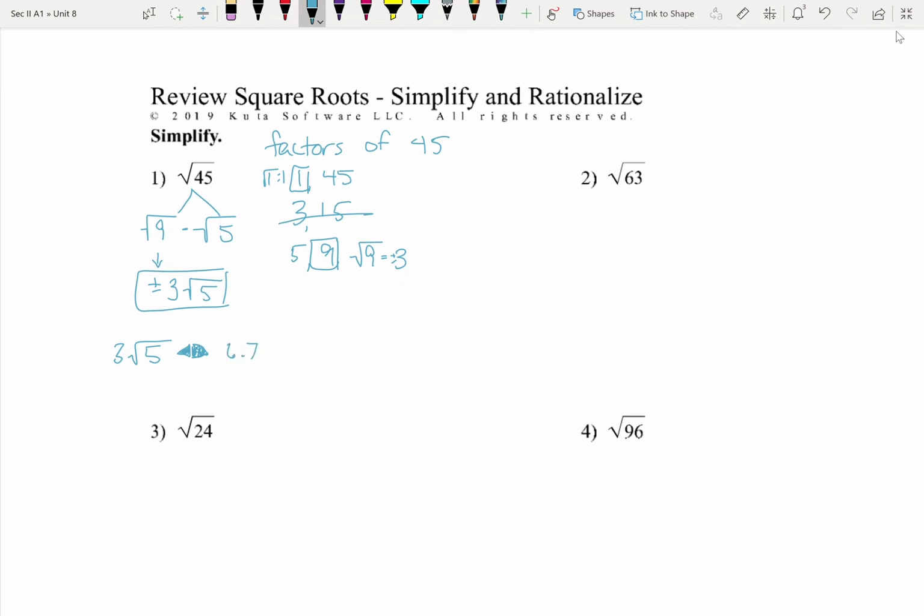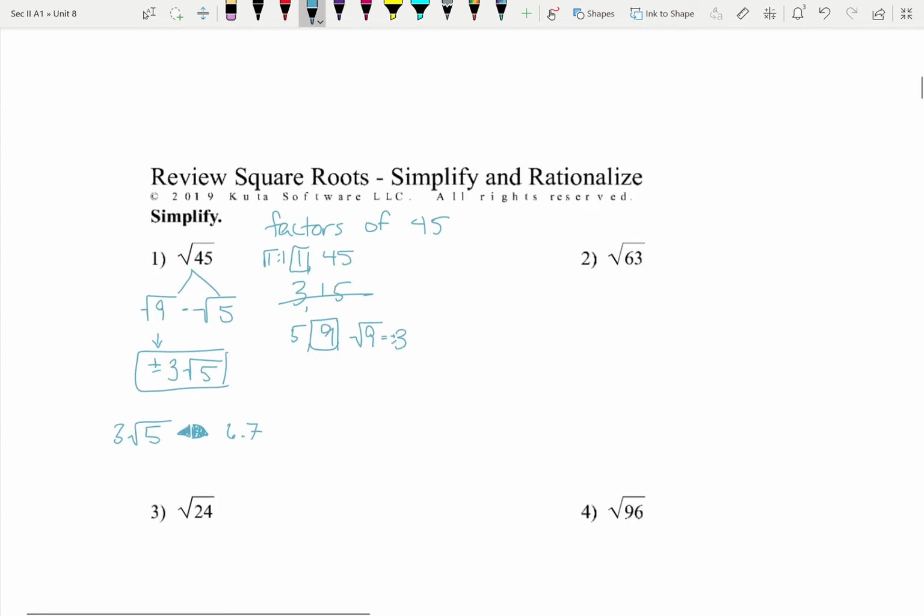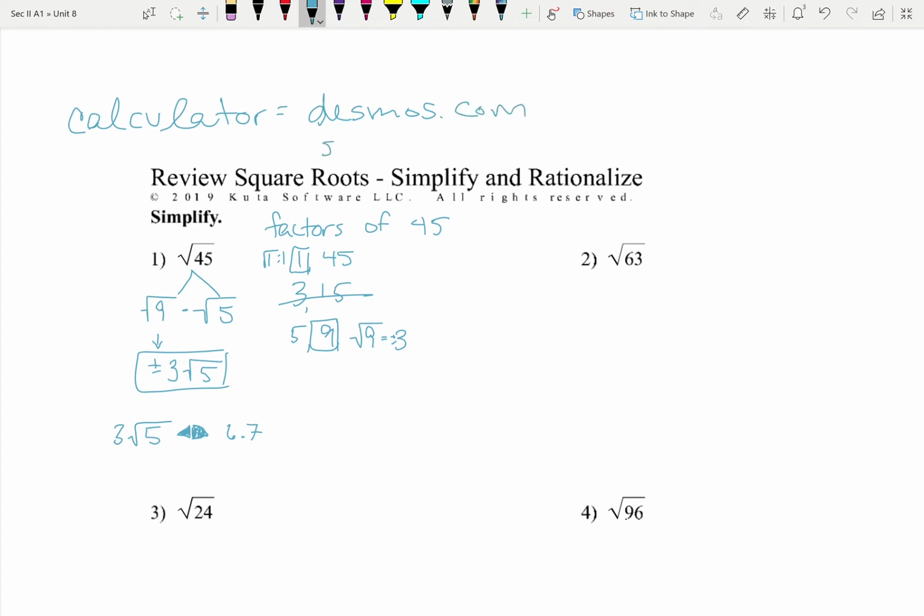Another option, if you do not have a handheld calculator at home, for calculator access, is go to desmos.com, and you're going to look for their scientific calculator. That website is completely free, and I'll actually be doing a demo on how to use that at a later date.